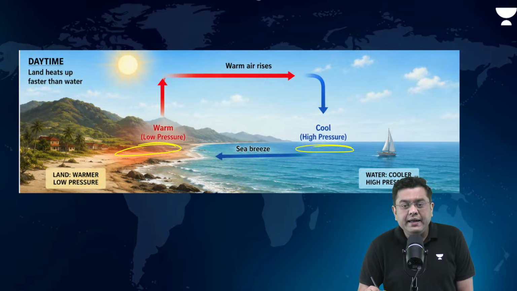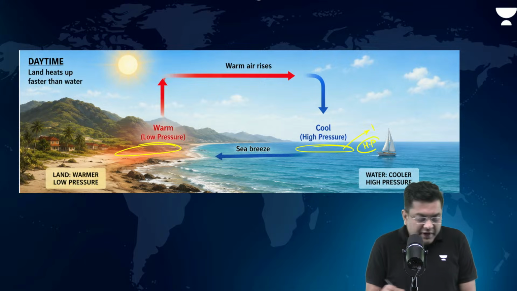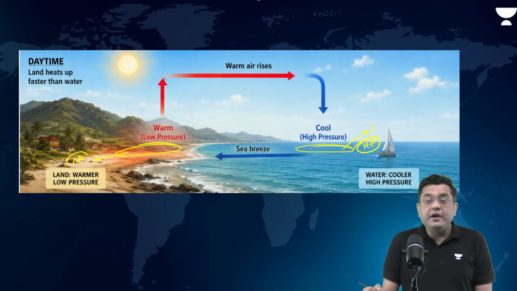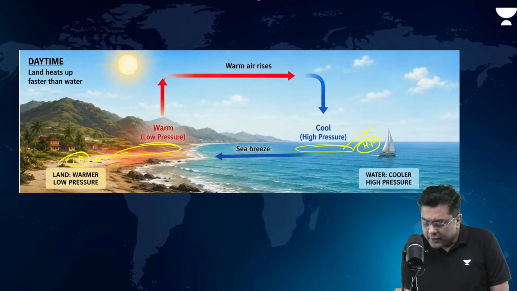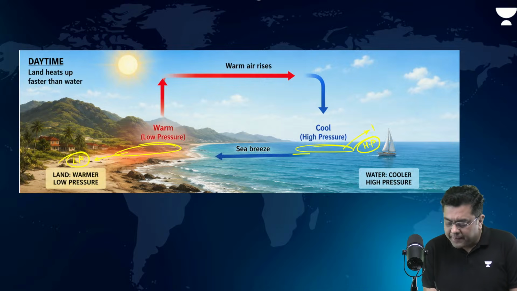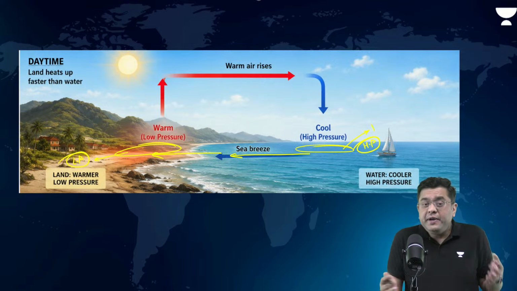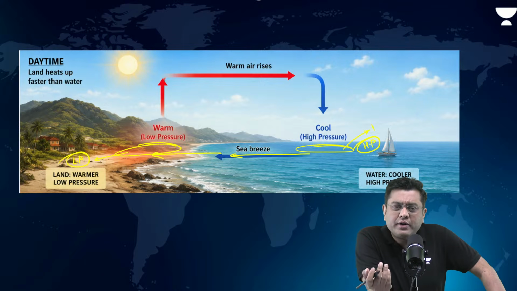This is basically what is going to create a comparative high pressure over the water, whereas the land is going to create a comparative low pressure. Winds always blow from a high to a low. So you have a wind moving from a high pressure to a low pressure. This generates a breeze. Why is it known as a breeze, by the way? Why not a wind?